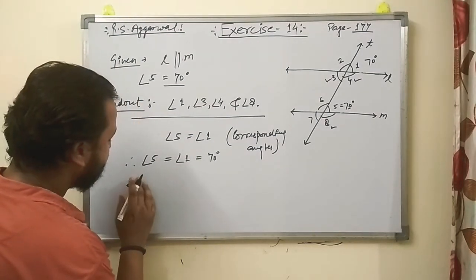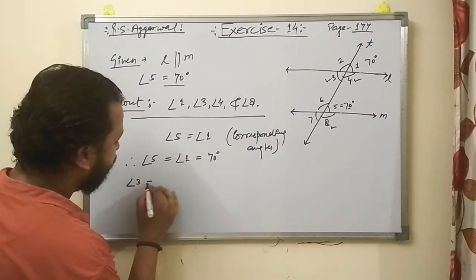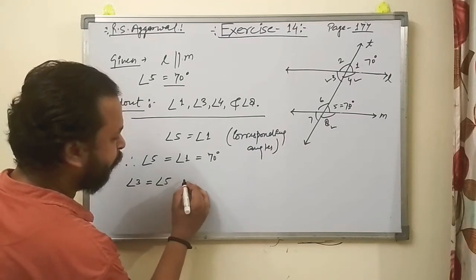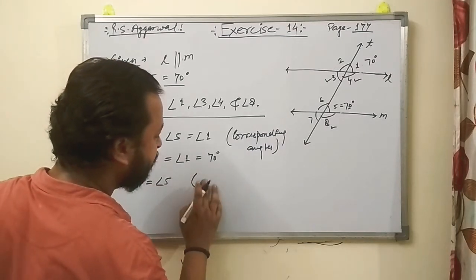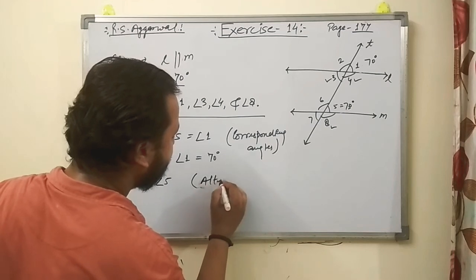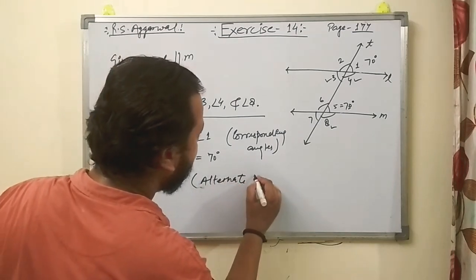And angle 3 is also equal to angle 5. Why? They are alternate interior angles.